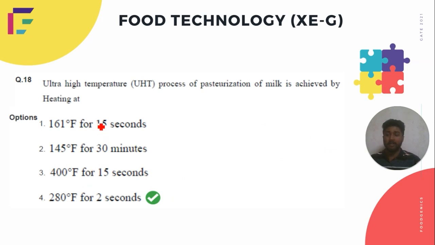Now coming to the next question, this is from your milk product. Okay, so the question is, the ultra high temperature, that is UHT process of pasteurization of milk is achieved by heating it.